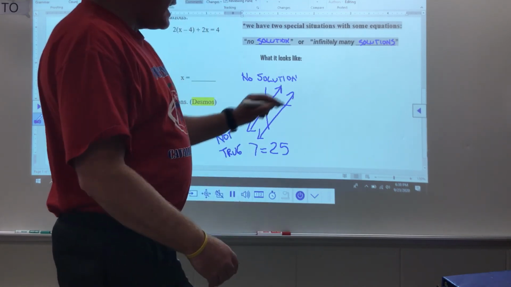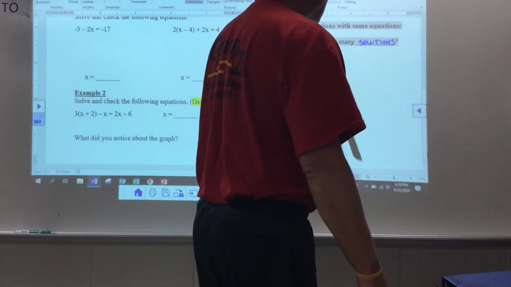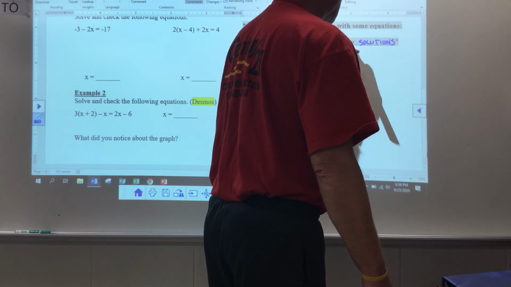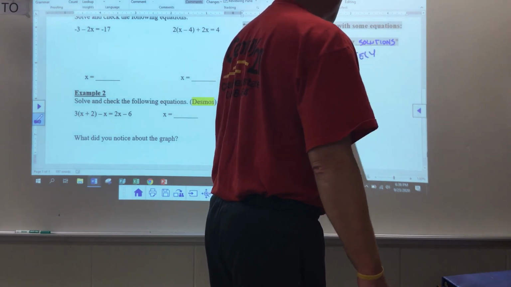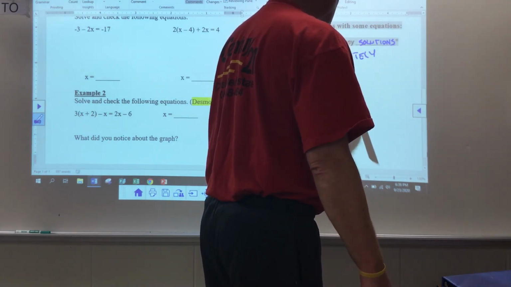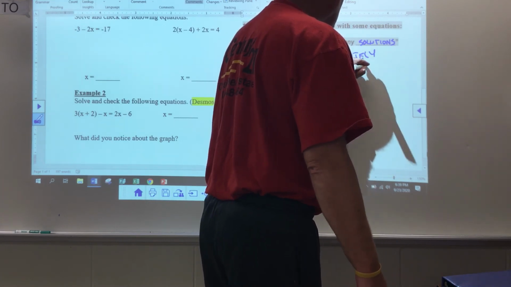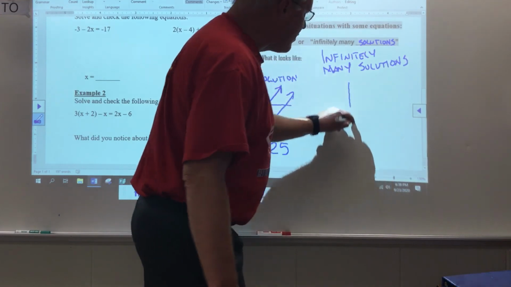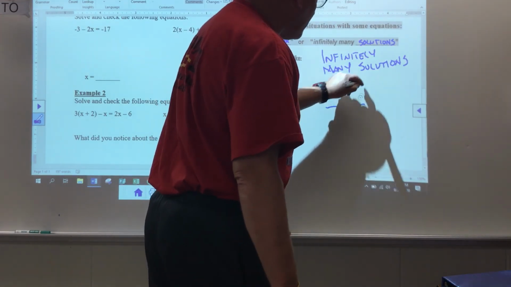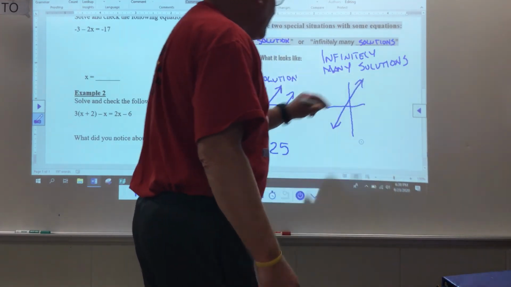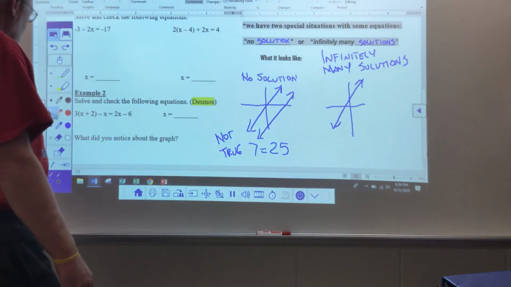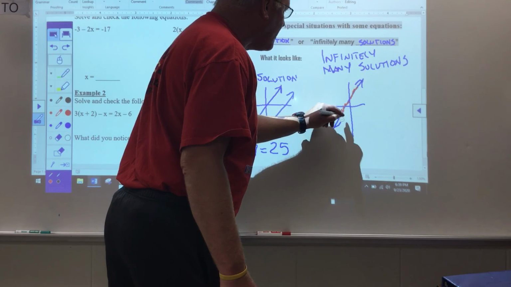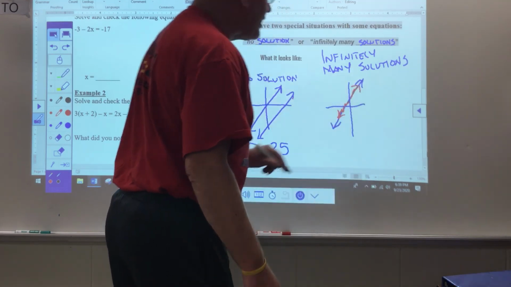Now, the second thing you saw was for infinitely many solutions. And when we graph those, the one line graphed, and then smack dab over top of it, another line graphed. So I'm going to sort of make this sort of squiggly in and out. So another line is right on top of each other.